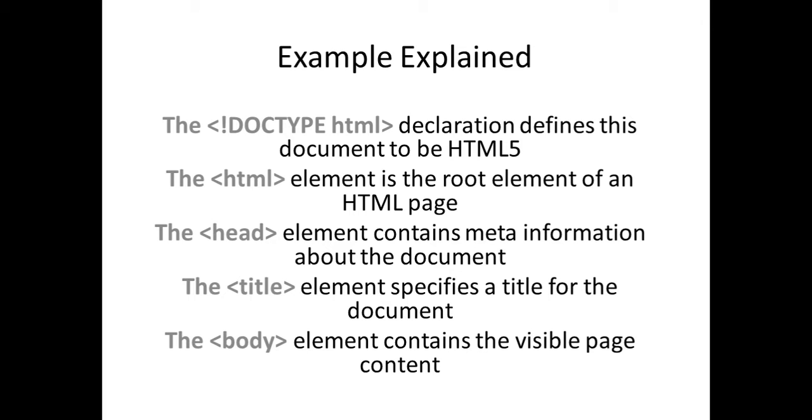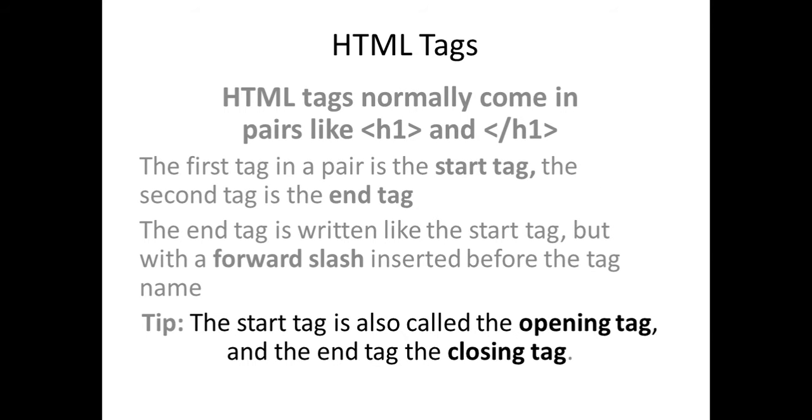The title specifies the title of the document. It's understandable. When we say the body tag, this element makes the page visible. The content you write inside the body tag becomes visible on the web page.